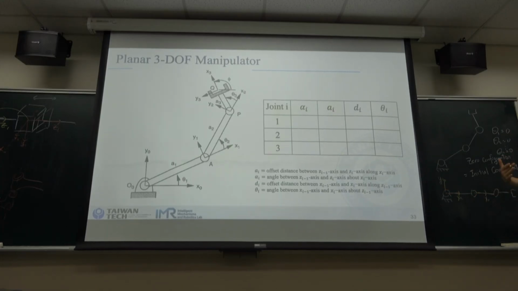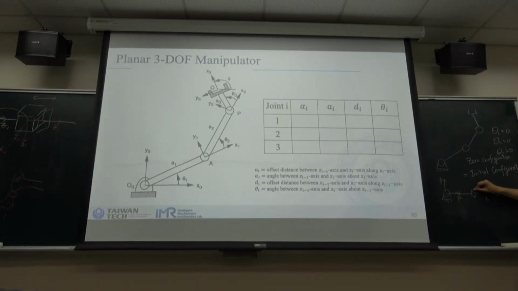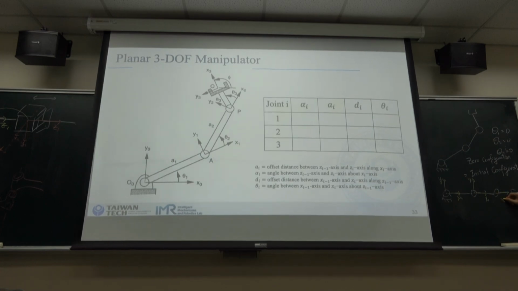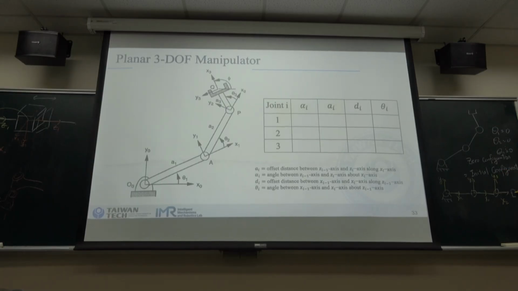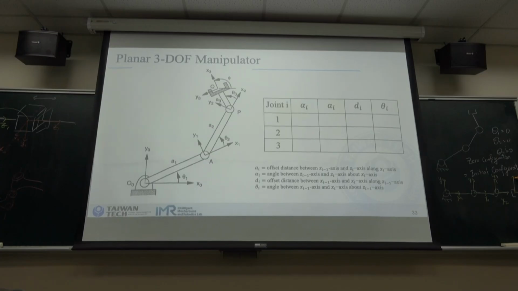And by the right-hand rule, the y1 is here. And also we can get x2 and y2. The last one is the end effector frame, x3 and y3.